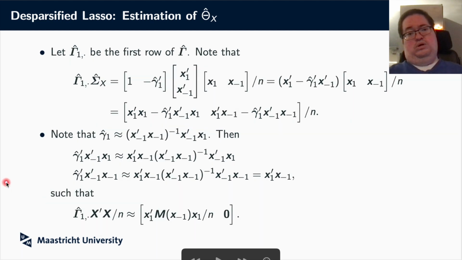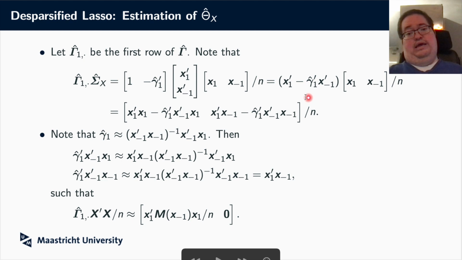Why does this work? Well, let's have a look at what we would do if we multiplied the sigma hat x matrix with, now say, the first row of our gamma hat matrix. So we get 1 and then minus the coefficients. So that will give us x1 minus gamma hat 1, x minus 1.